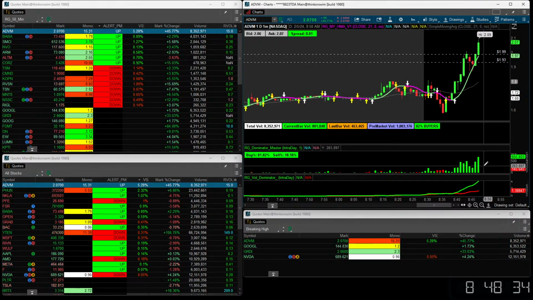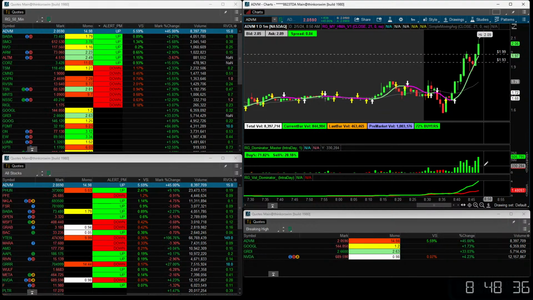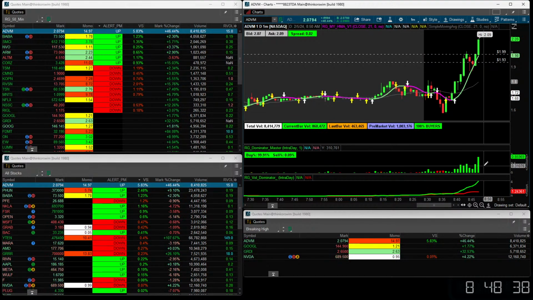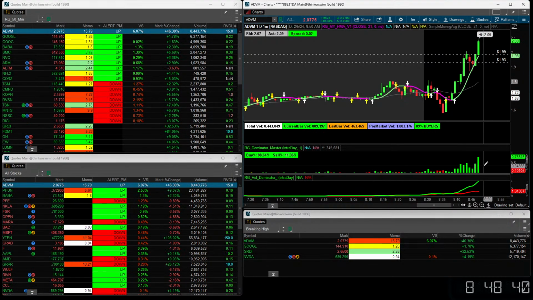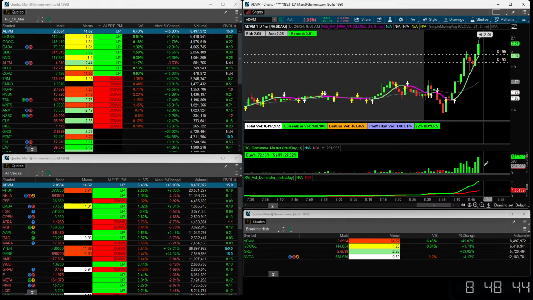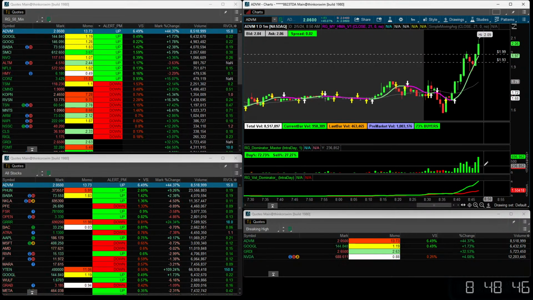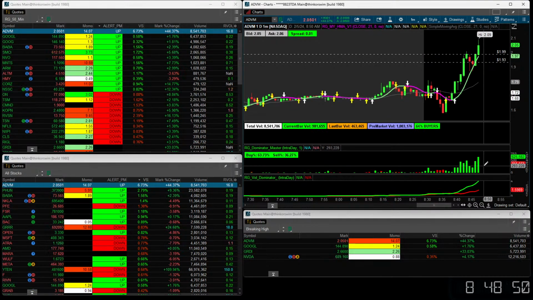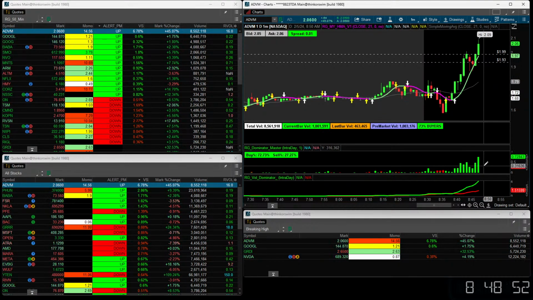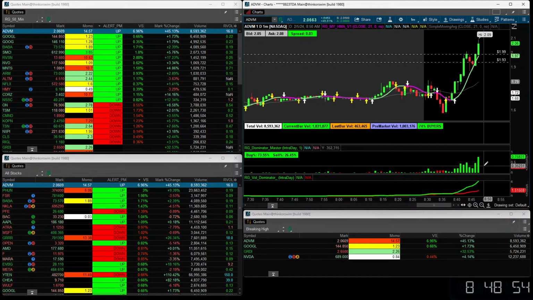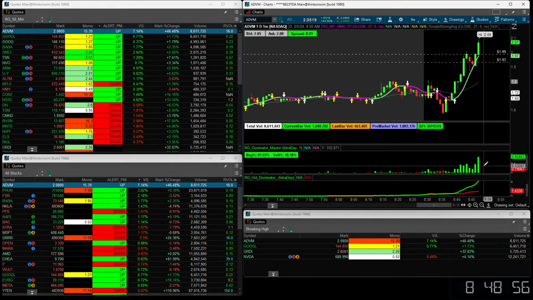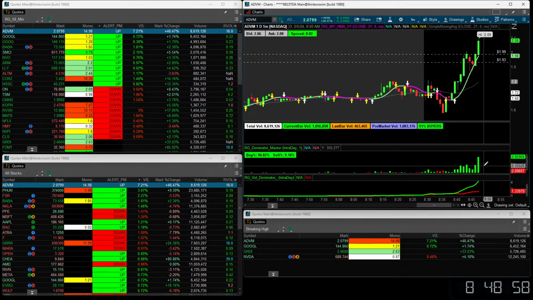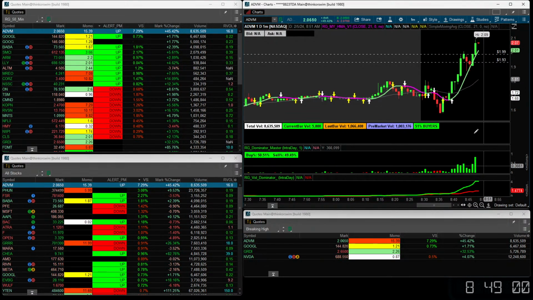The volume is picking up. Looking real good for ABVM on the pullback.